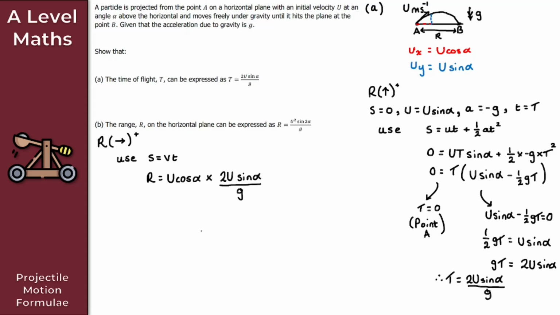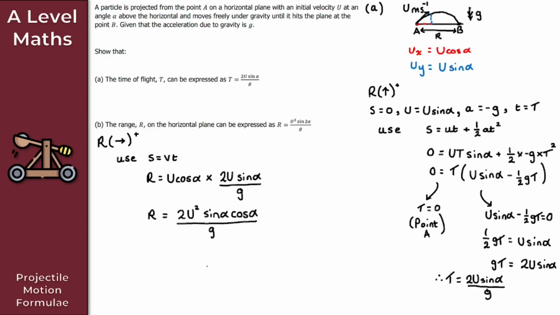Okay. So let's just multiply this together. I get 2u squared sine alpha cos alpha, and then finally, this is all over g. And this is for the range, R.